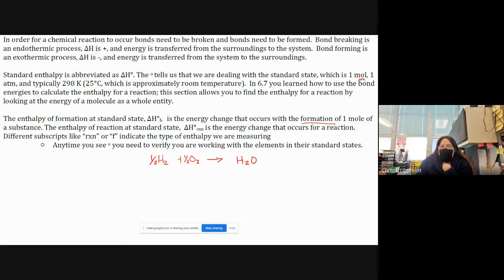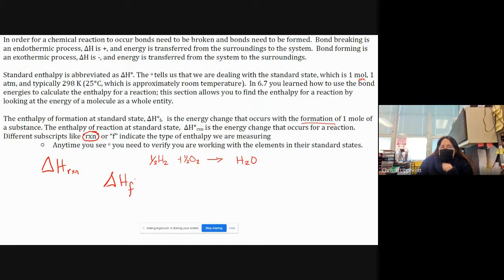So when we're looking at these, delta H prime reaction is the energy change that occurs for a reaction. The different subscripts, reaction or F, which is formation, indicate the type of enthalpy we are measuring. So if we're doing stuff like we had last night, it'll say energy of reaction, delta H reaction. If we're looking at today, it's going to be delta H formation.